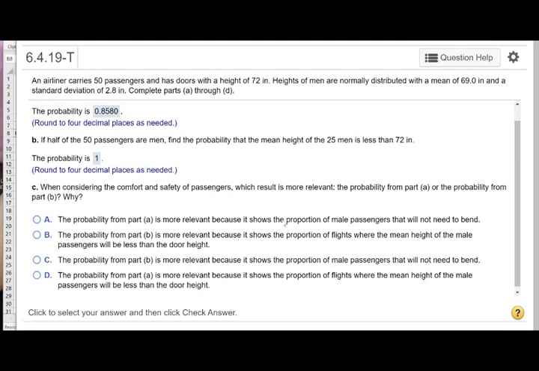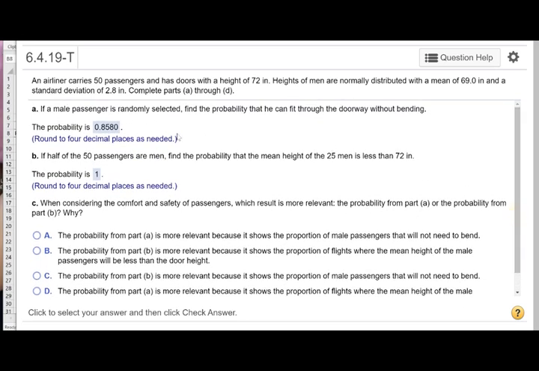Now, when considering the comfort and safety of passengers, which result is more relevant, the probability from part A or the probability from part B? Well, I would say the probability from part A, because in part A, we're talking about the probability for an individual randomly selected male, about 86%, 85.8%.